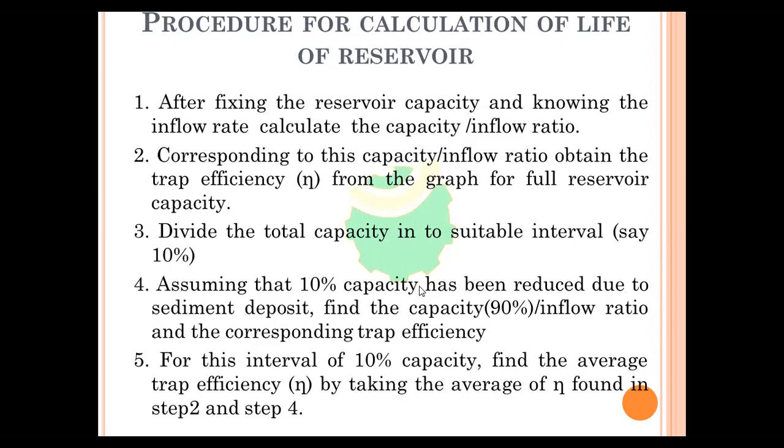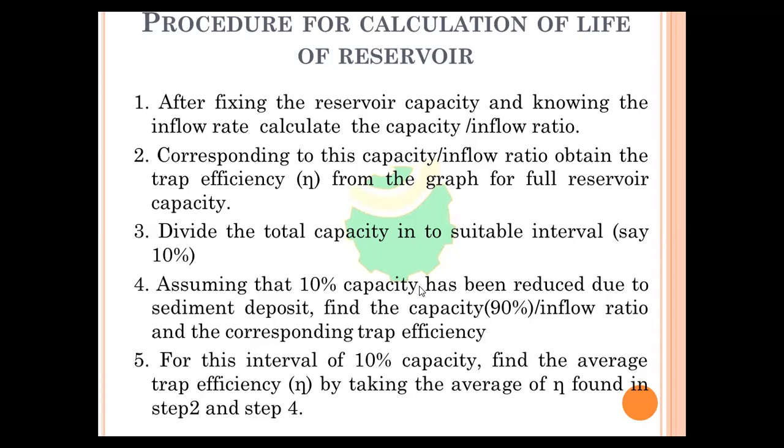That means capacity 90 by inflow rate, which is not changing. Inflow rate depends on the water obtained in the catchment. Capacity depends on the sedimentation and design capacity. So here capacity is reduced, but inflow rate is the same, 90 by 10. That is, the capacity inflow ratio is 9.